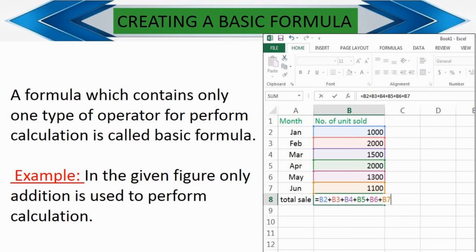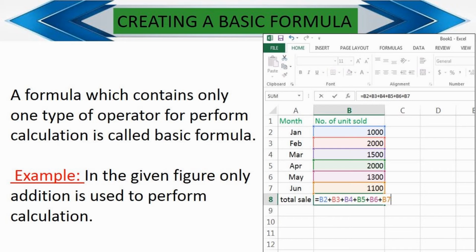Creating a basic formula. A basic formula is a formula which contains only one type of operator to perform calculation. For example, if you want to do addition or subtraction or multiplication or division, meaning only a single operator is used in a calculation, that formula is known as a basic formula.